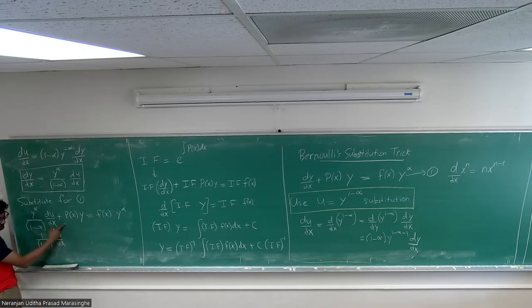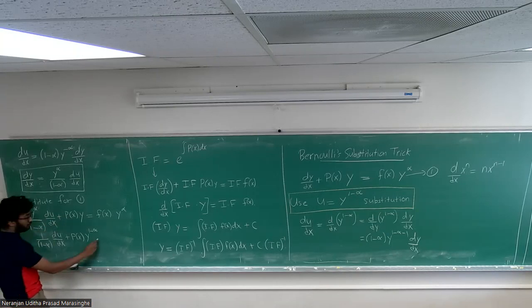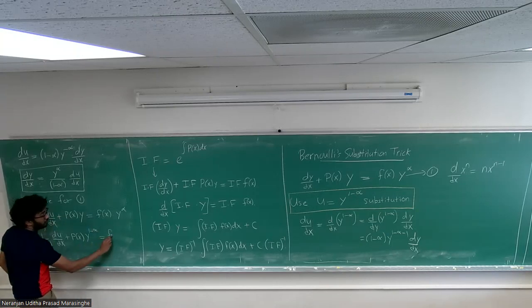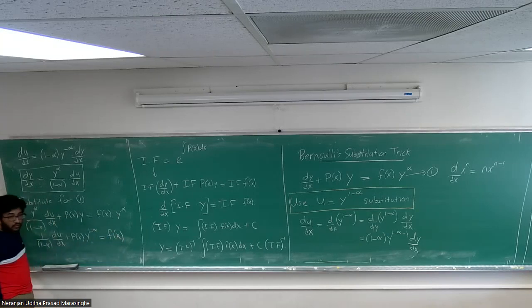If I divide this term by y to the power alpha, what would I get? d(x) times y divided by y to the power alpha. I would get y to the power 1 minus alpha. Okay, is that clear?